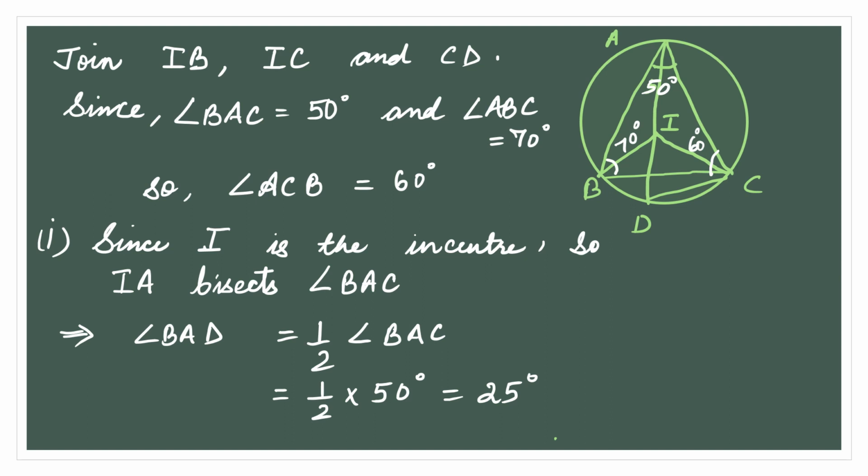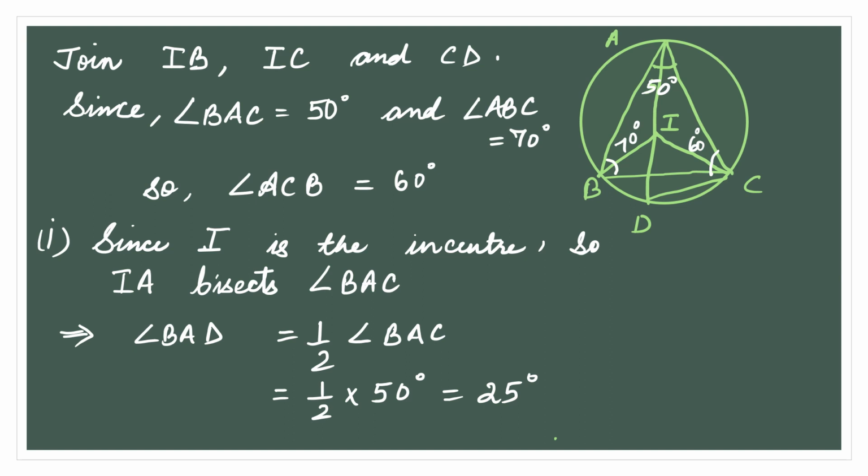And if you see the same BD segment, what value is it giving here? Angle BCD will be equal to 25 degrees again, because they are angles at the circumference formed by the same segment BD. Okay, this BD segment forms two angles.